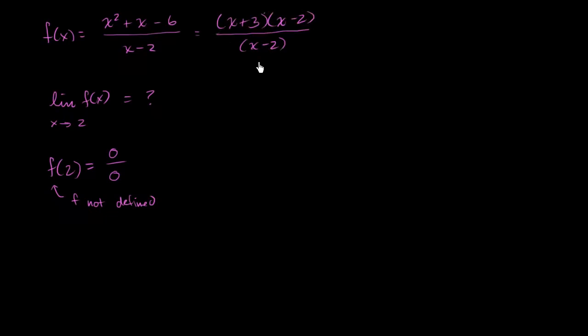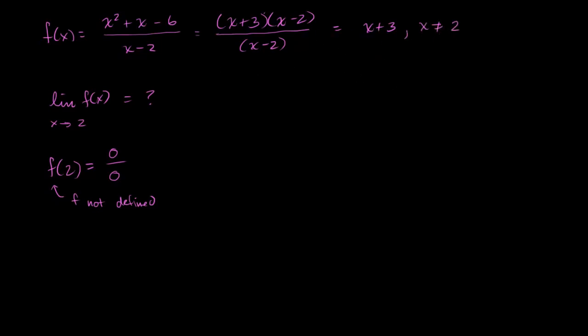So as long as x does not equal 2, these two things will cancel out. So we could say this is equal to x plus 3 for all x's except for x is equal to 2, as long as x does not equal 2. So that's another way of looking at it.